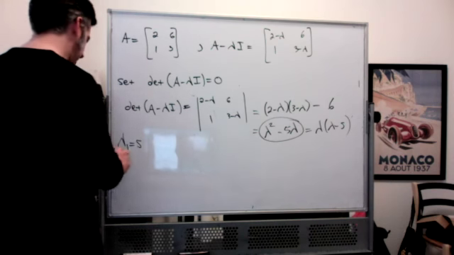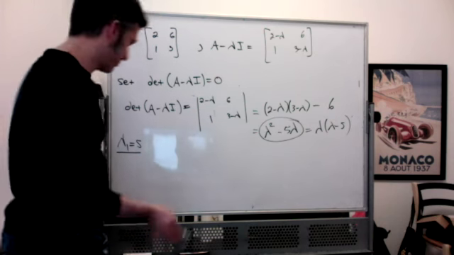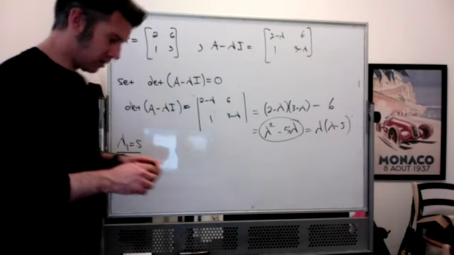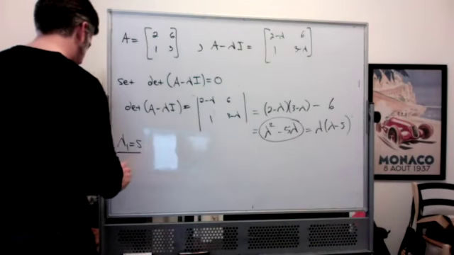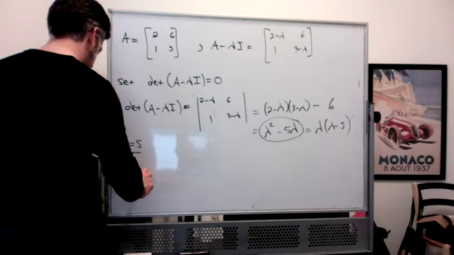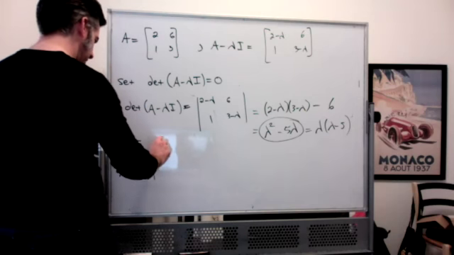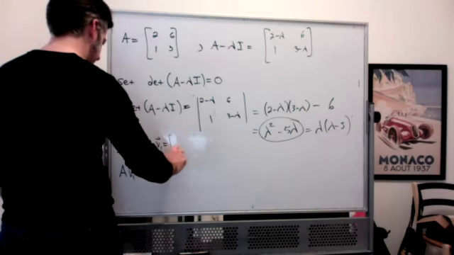So lambda 1 is 5 and lambda 2 will be 0. It doesn't matter which order you pick. So we're going to do our matrix times our eigenvector equal to lambda times our eigenvector, and again, we are thinking of our eigenvector as the vector x, y.